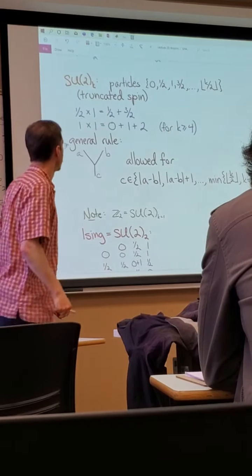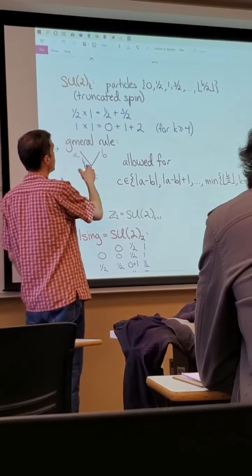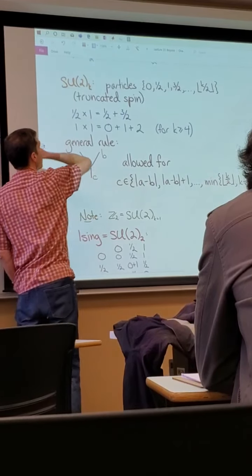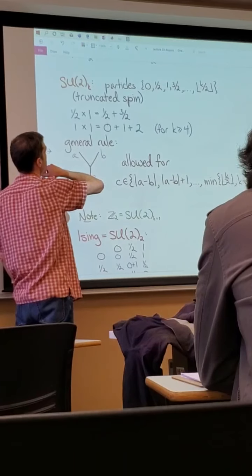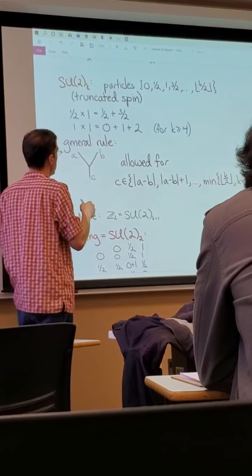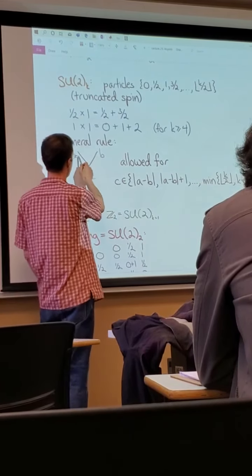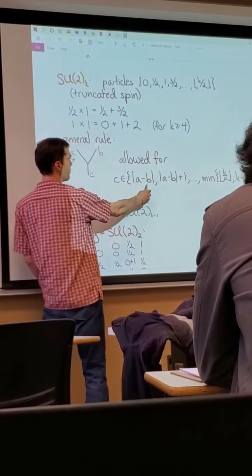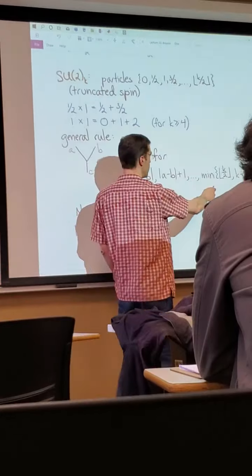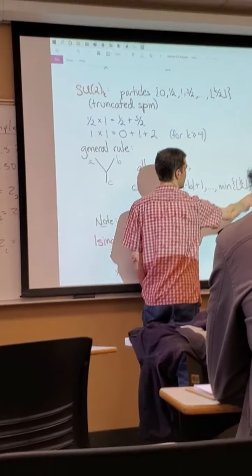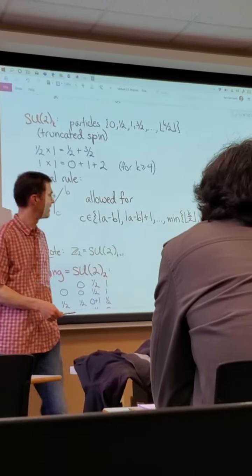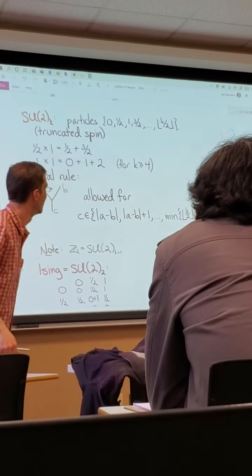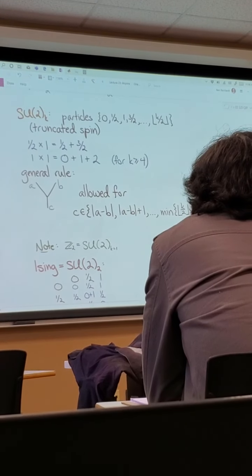SU(2)_k is, oh, so here I have it here. SU(2) is spin truncated at level k, I think. So here's the fusion rule. A fused with B gives you C, where C could be anything between A minus B and up to that expression.